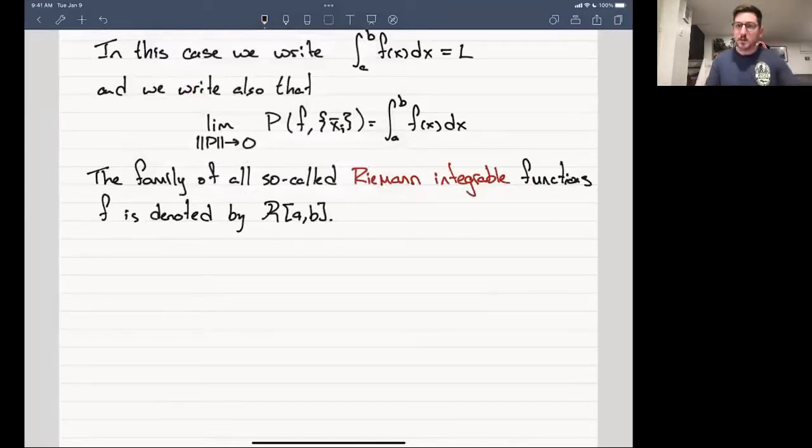Okay, so the R stands for Riemann. The AB tells us that it's on the interval A to B. And this is very similar notation to what we saw with the continuous functions, where C stood for continuous.